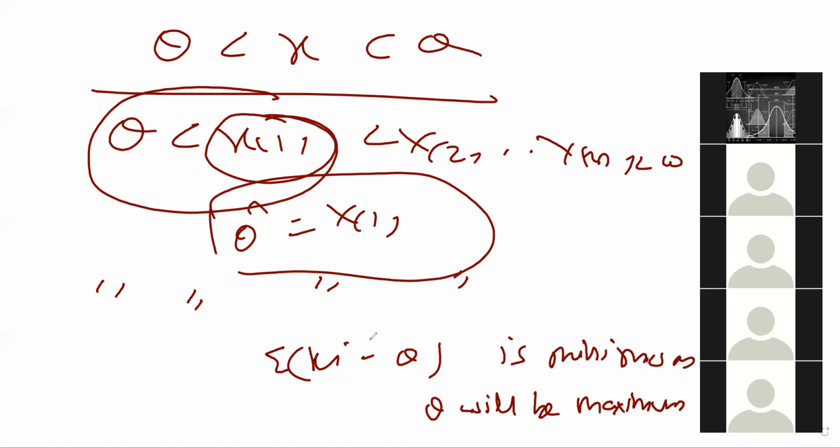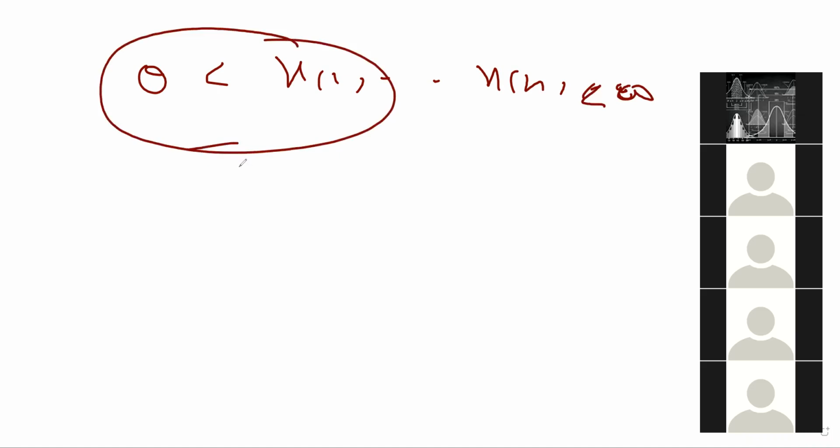Now I will tell you one alternate method, so that by merely looking at the question you will be able to solve it. Whenever this type of question comes, with theta, x1, ..., xn, then infinity, the value nearest to theta will be the MLE.